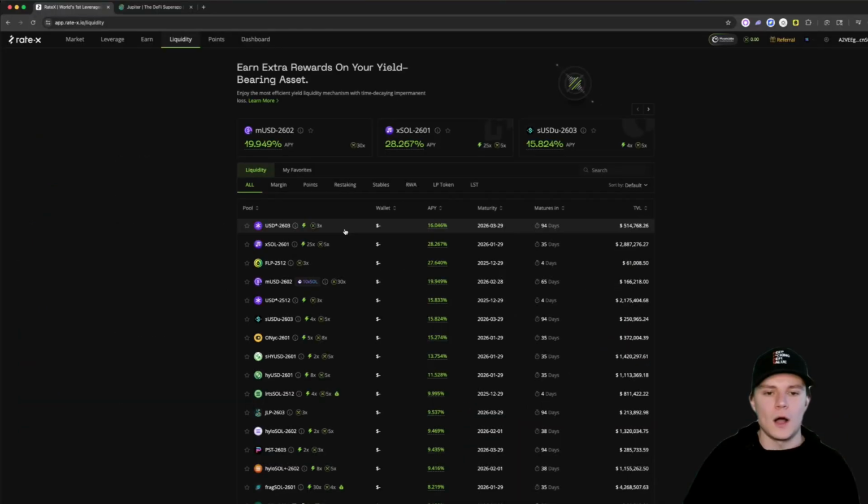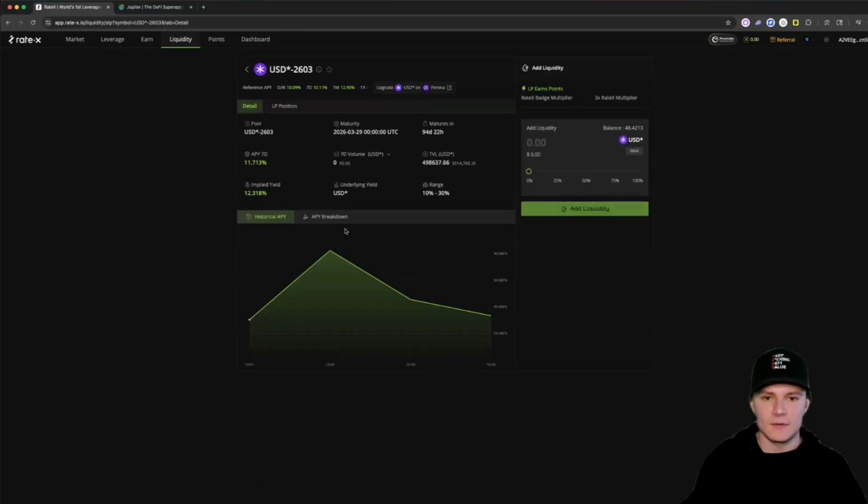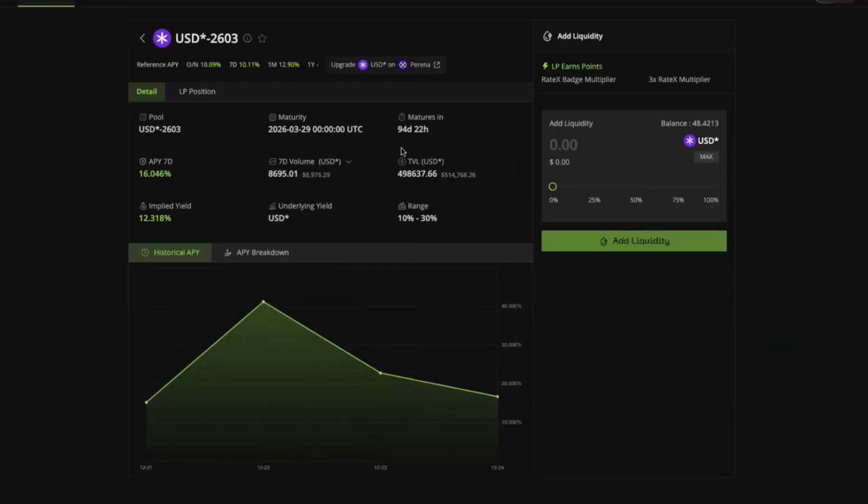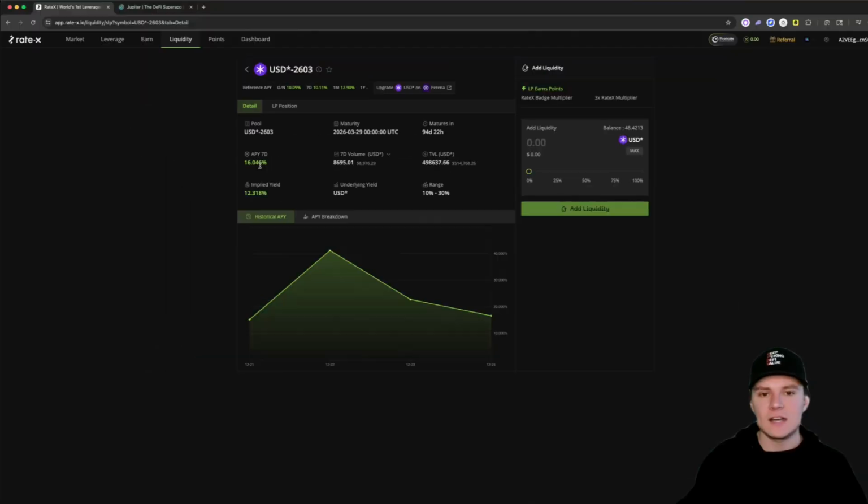What can you do? Well, you can provide liquidity into these markets. And right now we can see the liquidity APY over the last 7 days, based on the trading fees included, is about 16%. So it's actually higher than if you held either one of the positions on their own.